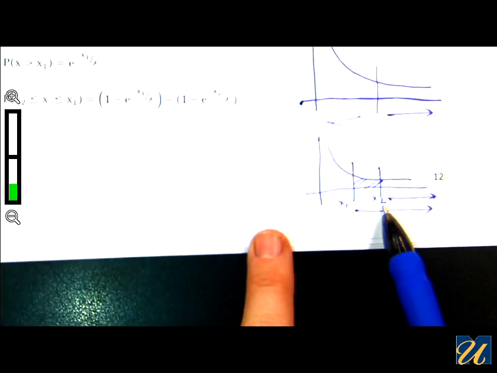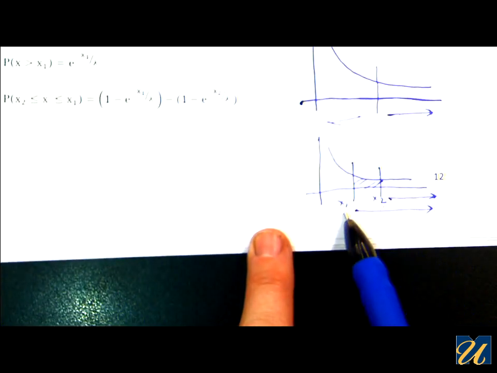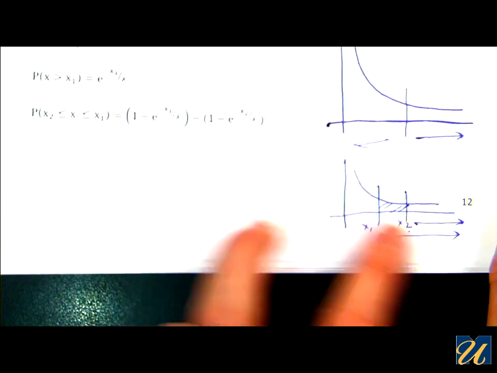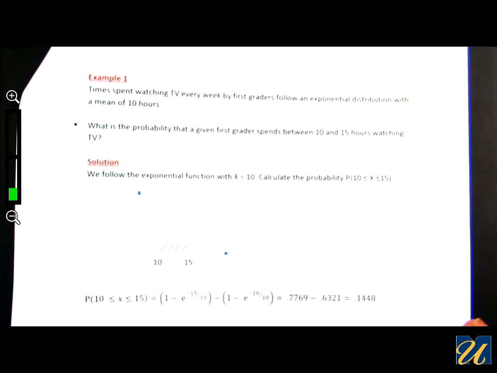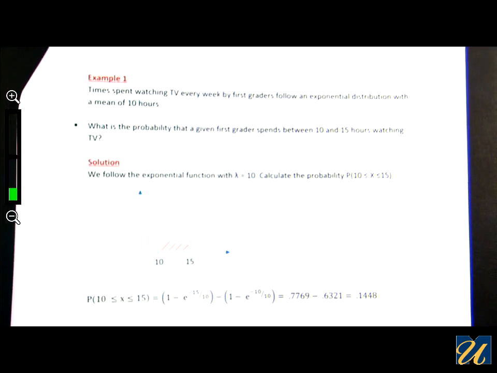You would find the area that is less than x2 and subtract the area that is less than x1. That's basically how you need to do it if you have an area between two values and you have exponential distribution. So let's look at some examples to make things a bit more clear.